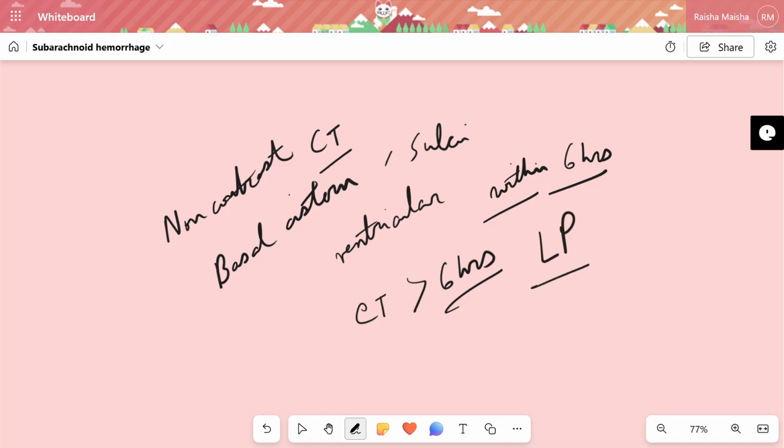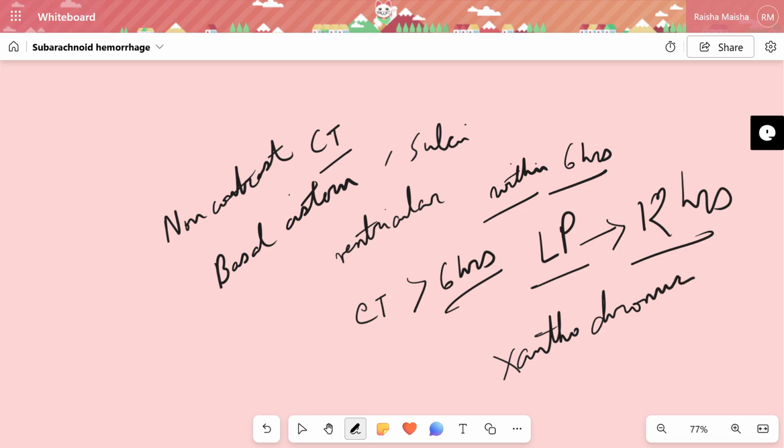An LP should be done at least 12 hours following the onset of the symptoms to allow the development of xanthochromia. Xanthochromia helps to distinguish true subarachnoid hemorrhage from traumatic tap.